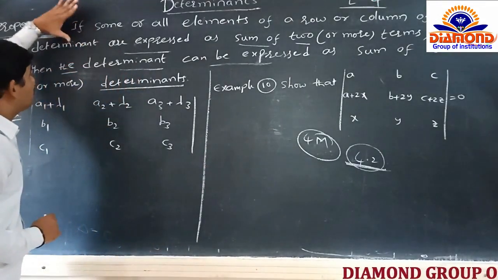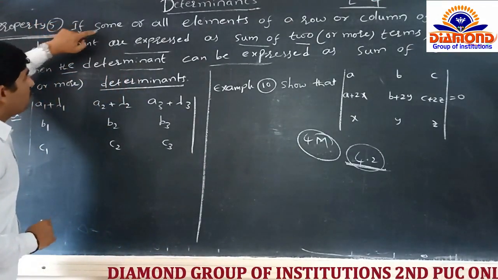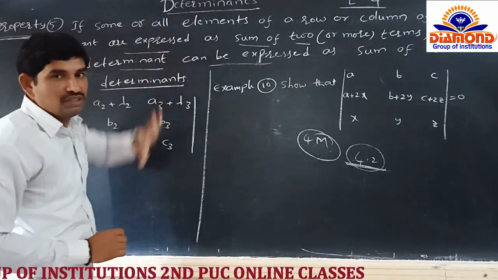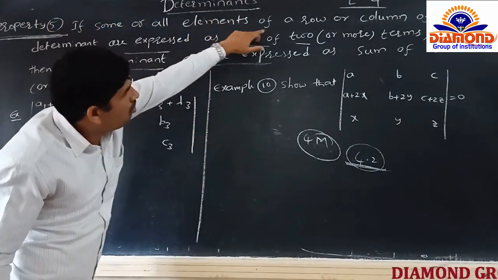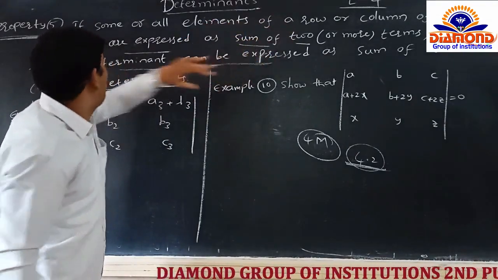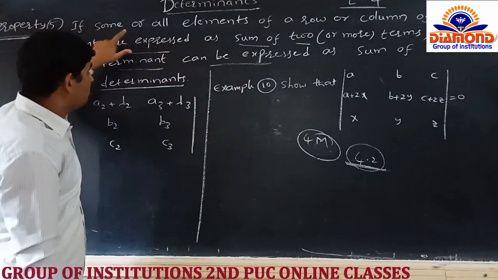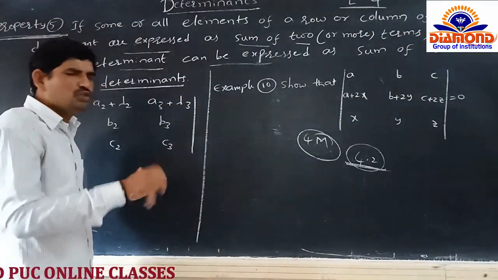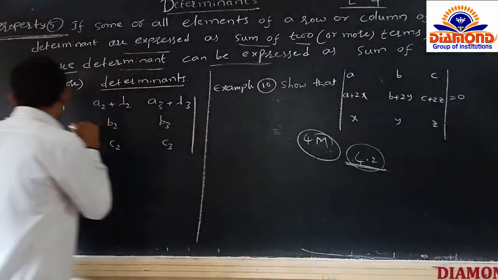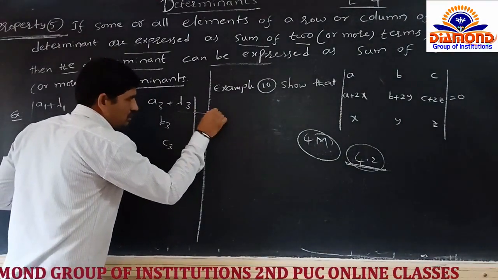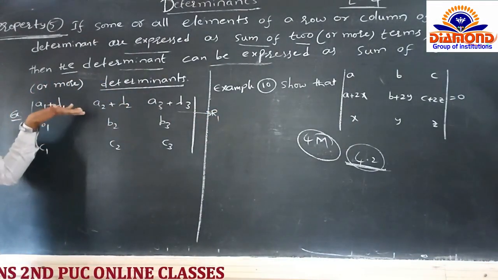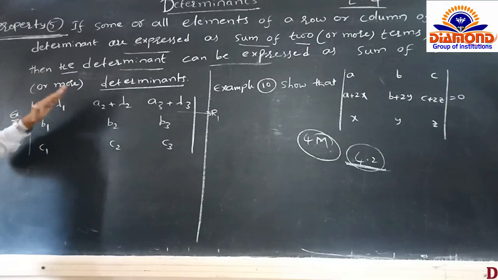See here what it is going to say for us: if some or all elements of a row or column of a determinant are expressed as sum of 2 or more terms. Suppose we are taking one of the rows, the first row, R1.